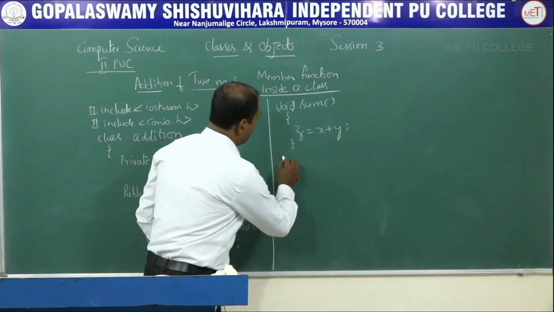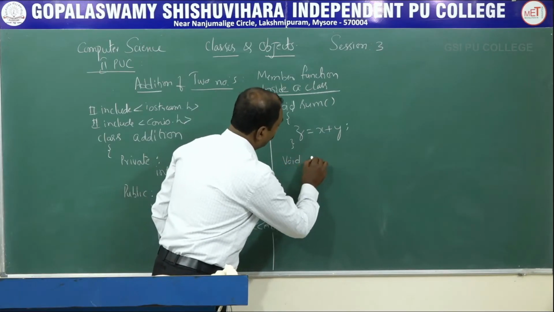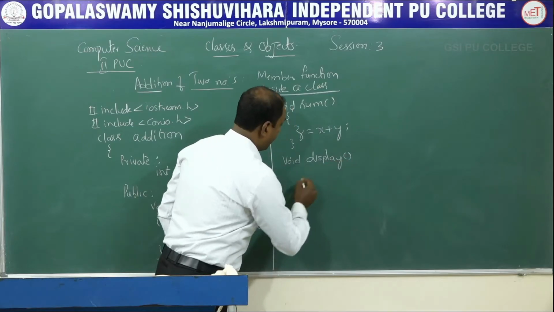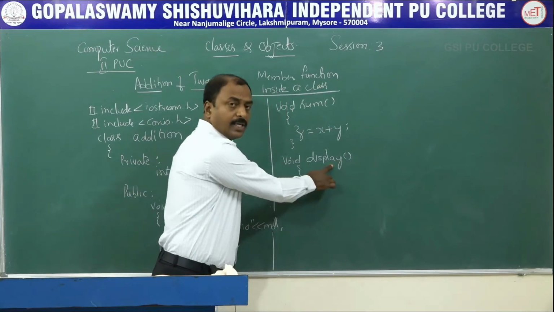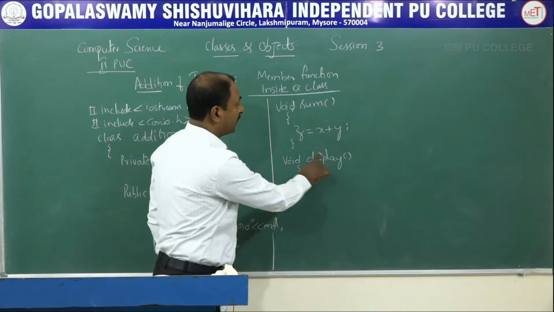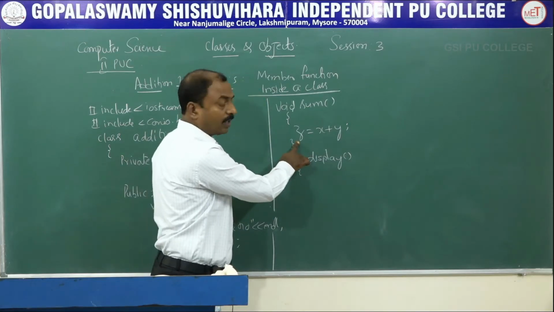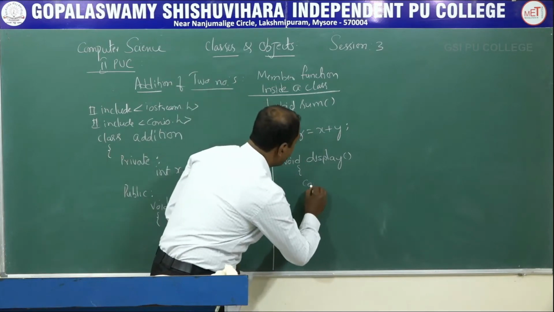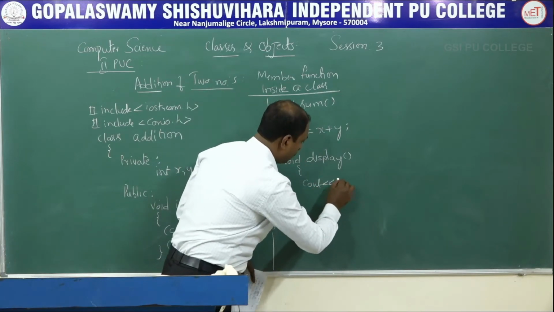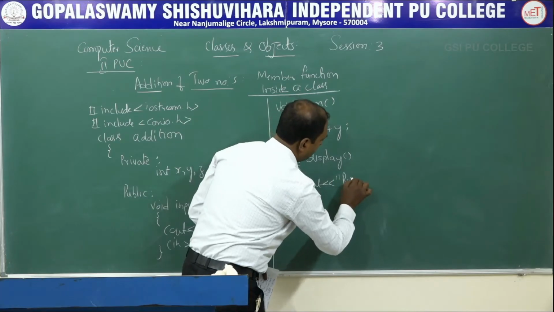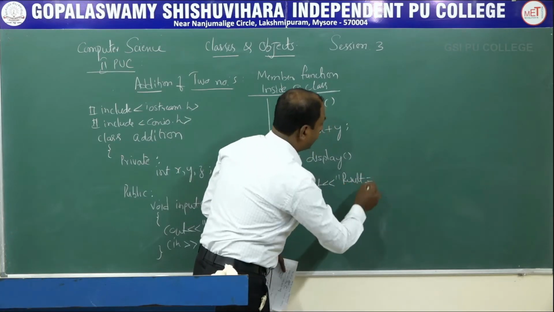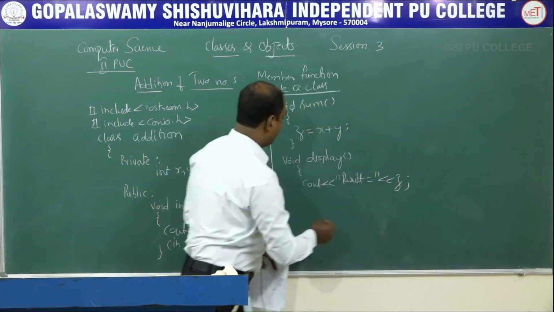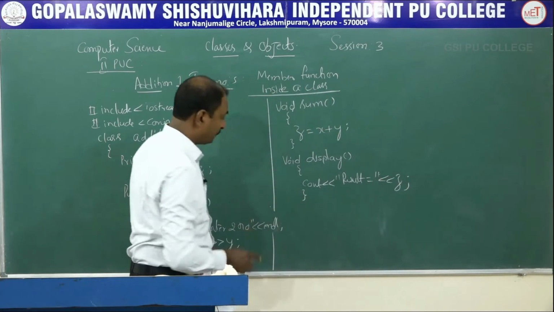Then after this we are going to write one more function, void display. This function I am using to display the result of addition of two numbers. So here I say cout result equals z semicolon. I am closing this.